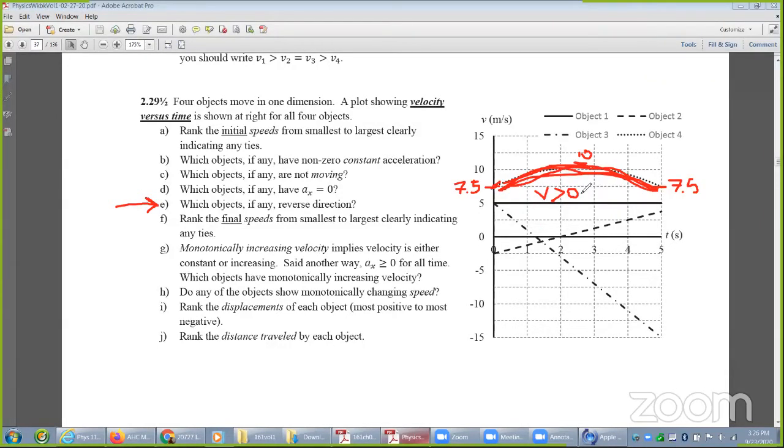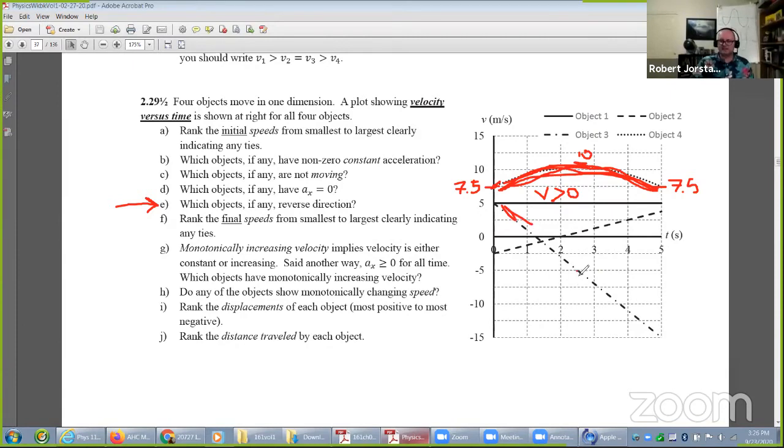So it'd be 2 and 3, both of them reverse. This one has positive velocity, then negative. This one has negative velocity, then positive. That's the key to reversing direction. The velocity has to change sign. So 2 and 3? Sneaky, isn't it?